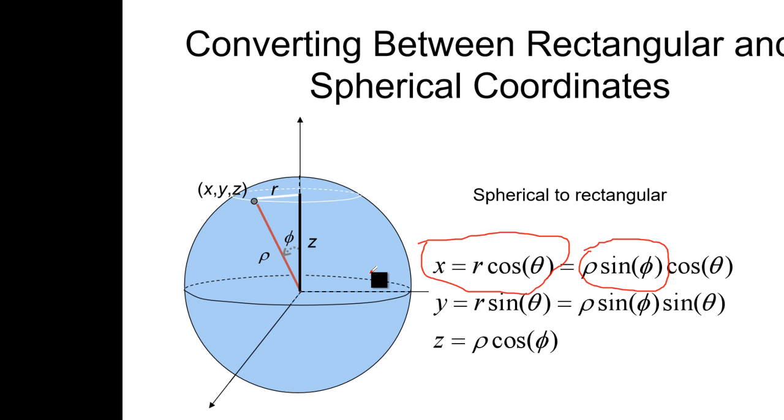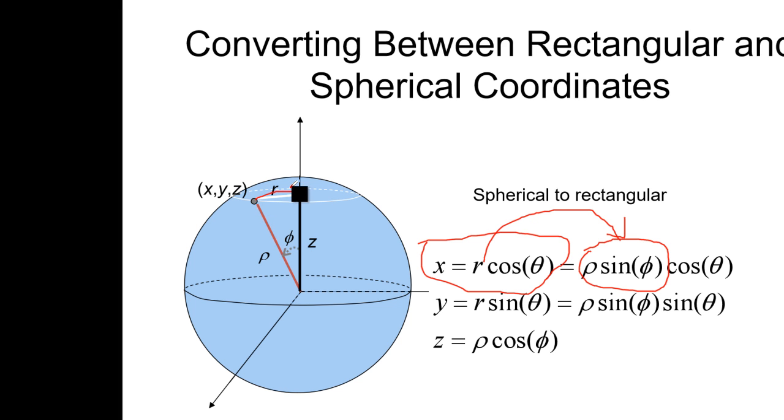Now what is r? r is basically rho sin phi, that is what we discussed in the beginning. So I substitute in terms of r. Why? Because you just imagine this triangle.